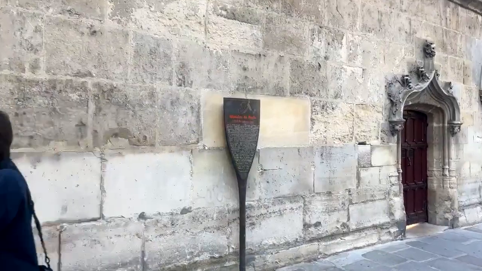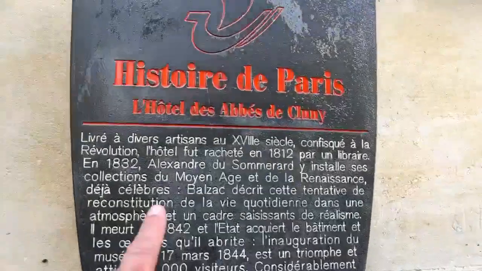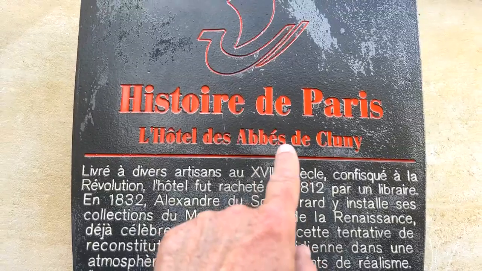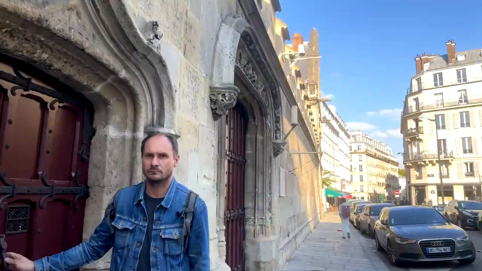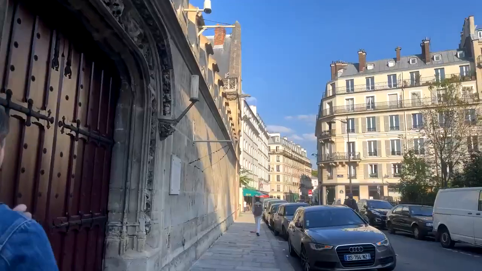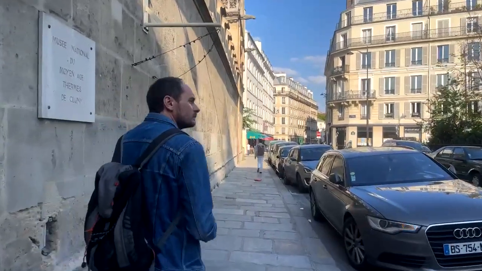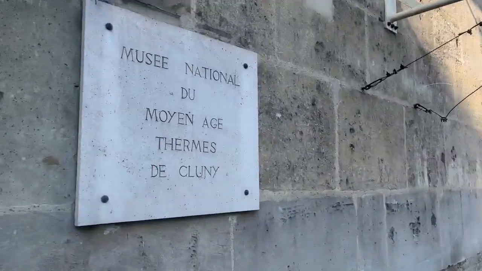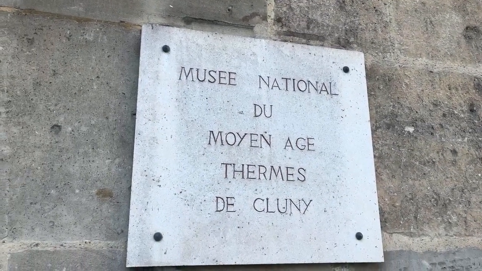And it was a place for the abbey. And you see, it's called National Museum of Middle Age, Cluny.